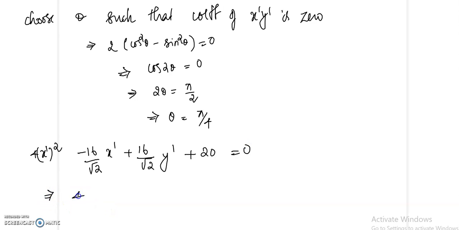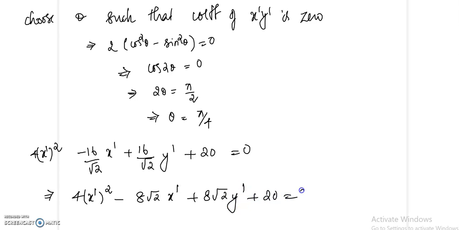So that implies you will have 4 x dash square minus 8 root 2 x dash plus 8 root 2 y dash plus 20 equal to 0.